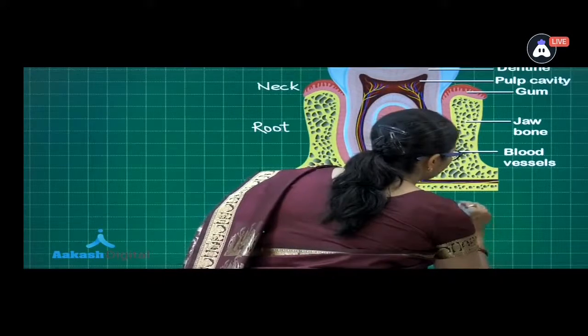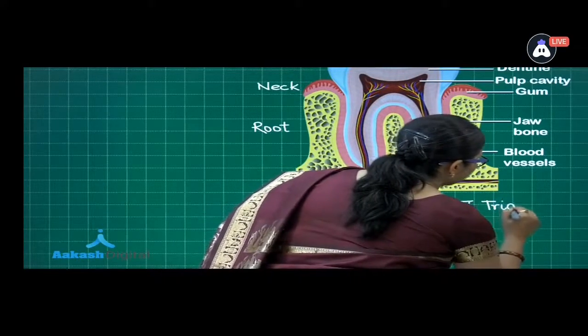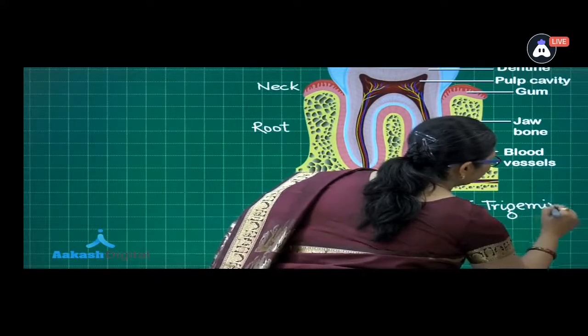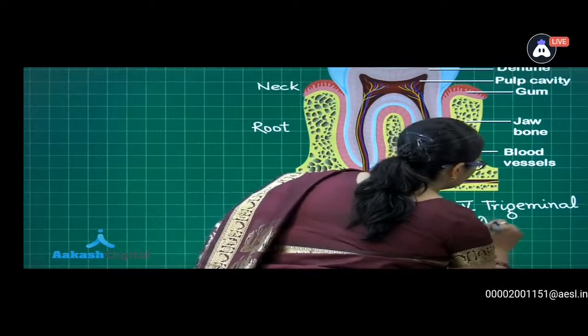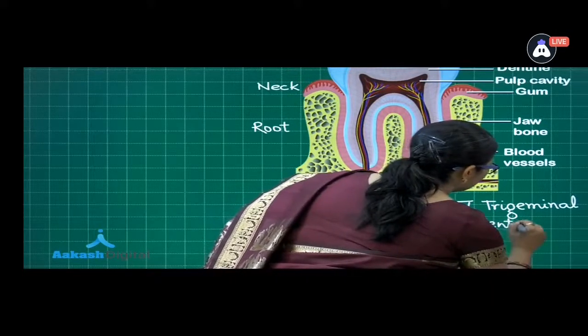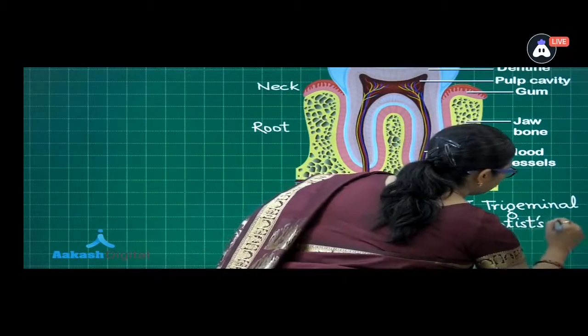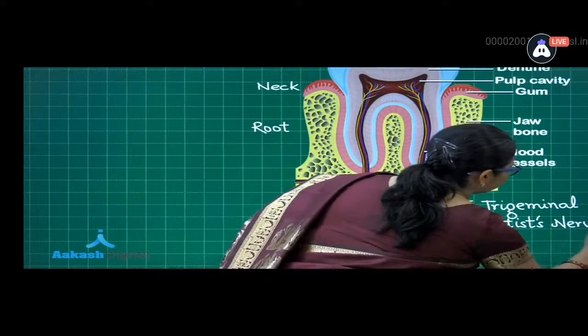So the 5th cranial nerve, the trigeminal, is giving off branches which pass into the pulp cavity, and this trigeminal is also called the dentist nerve.